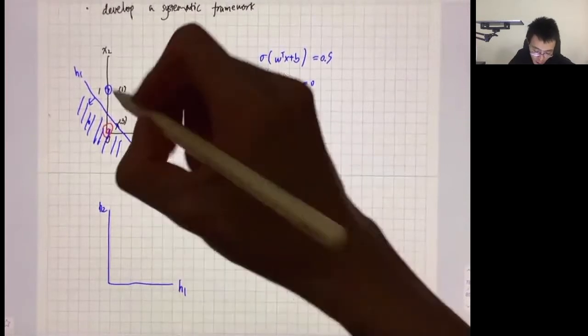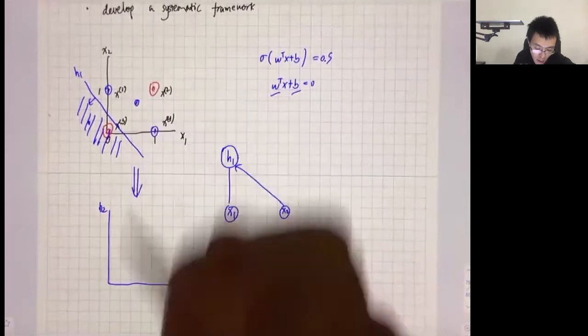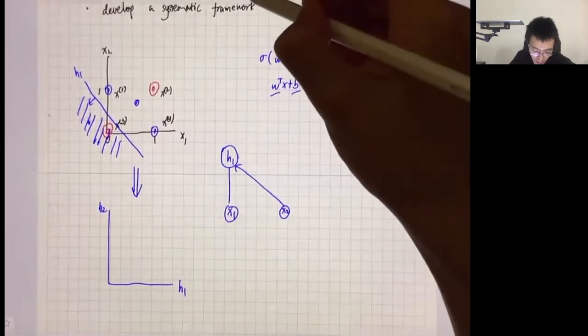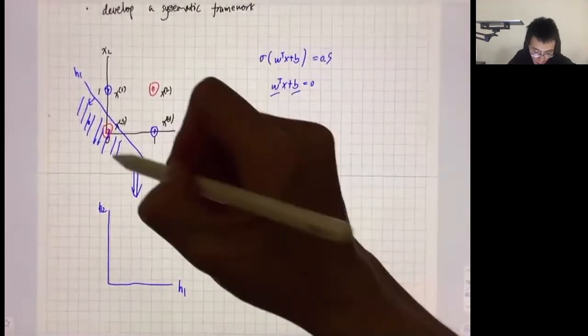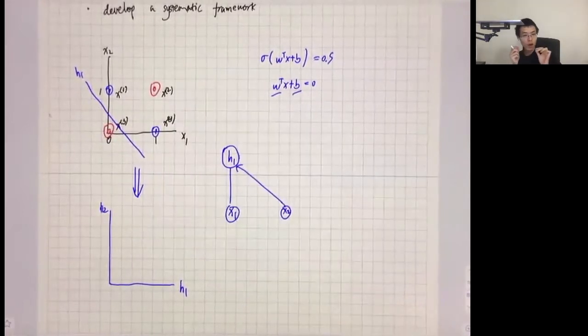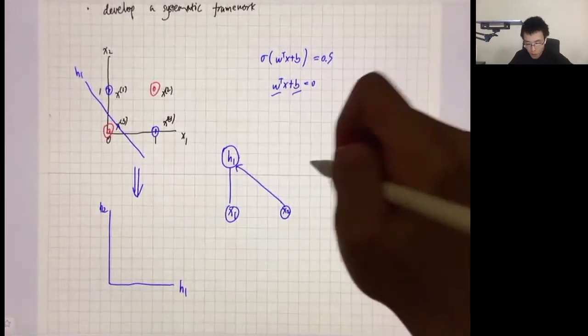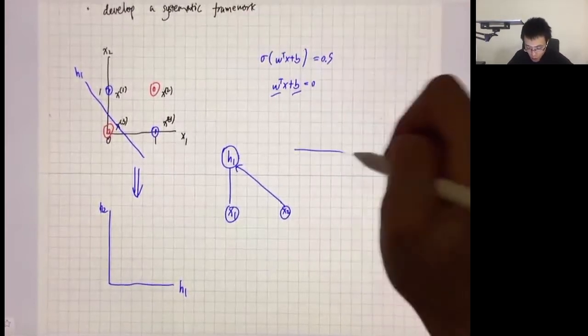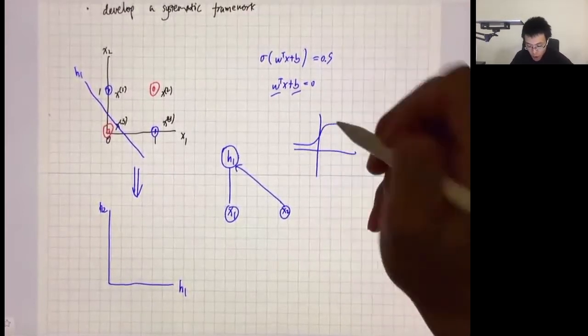And if a point is on this half space, it will predict something less than 0.5, okay? And then I can adjust the weight of my H1 logistic regression unit and make the slope here very sharp, okay?